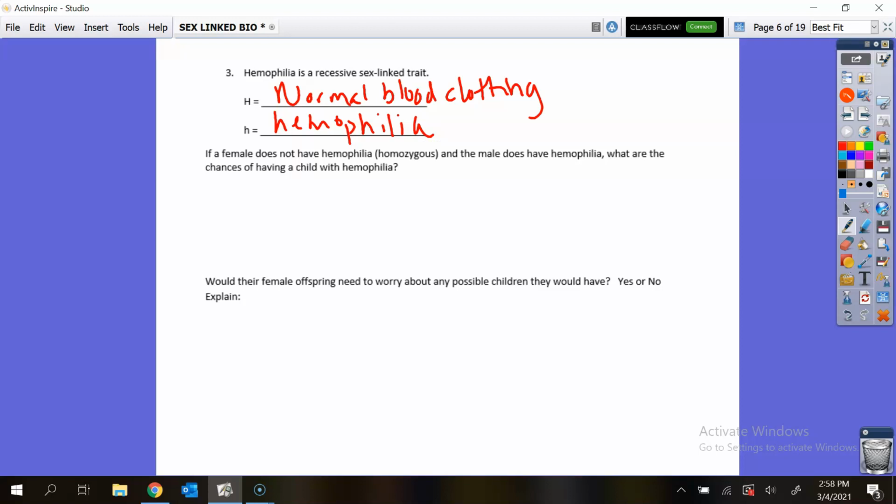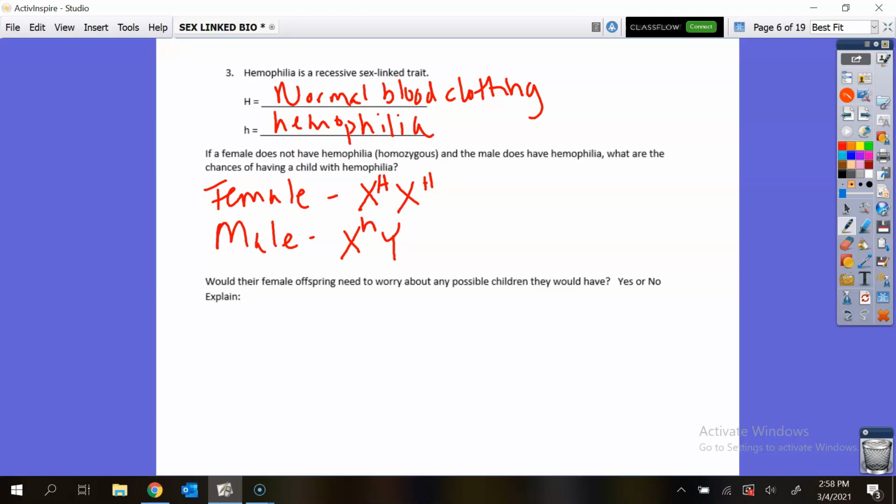So a female does not have hemophilia. So we have to do her sex chromosomes first, right? She does not have it, and she's homozygous. So that means she has to be X^H X^H. Now the male does have hemophilia, so he would have a little h.